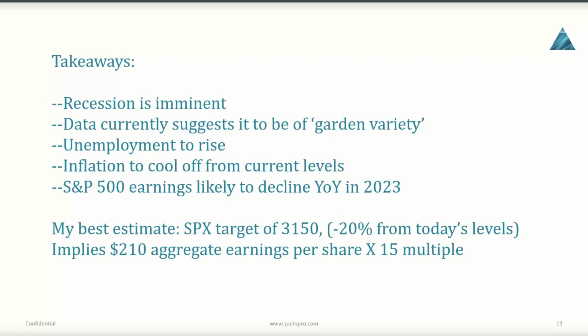But I think it's going to be of garden variety, kind of like what we saw maybe in 2001, where 2001 was not some threat to our very existence. All it was, was the bubble popping and asset prices reverting back to long-term averages.